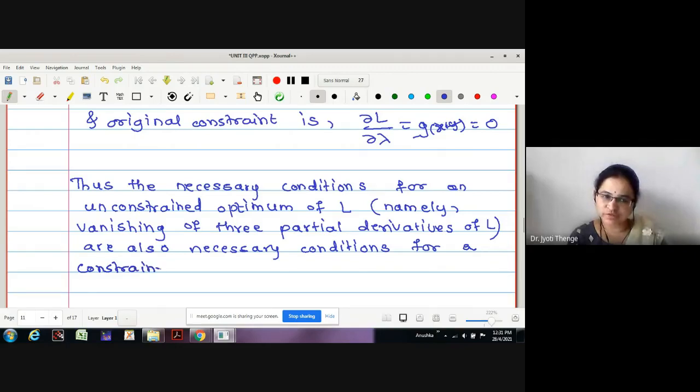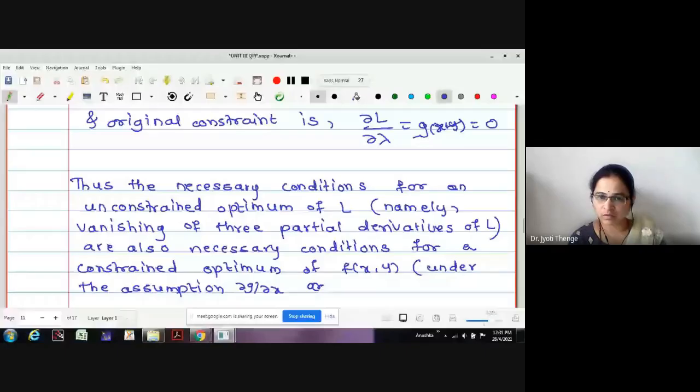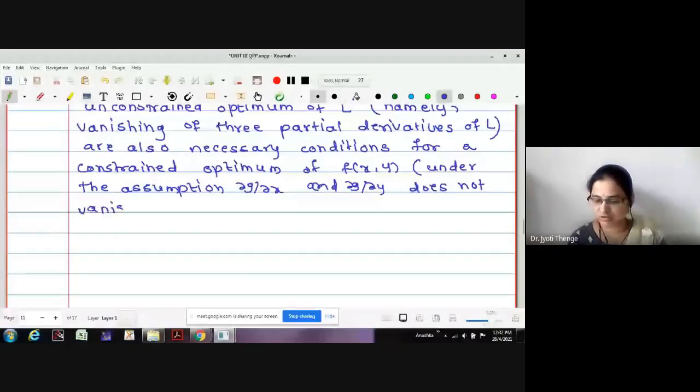What is a constrained objective function now? Constrained optimum of f of xy, under the assumption that dou g by dou x and dou g by dou y do not vanish at a point x naught, y naught.